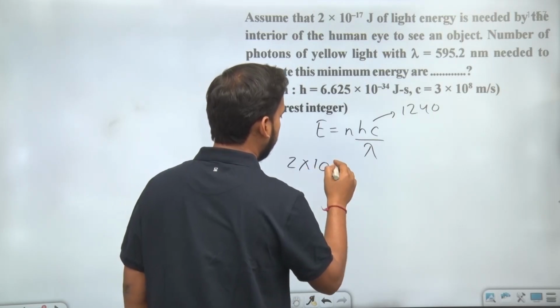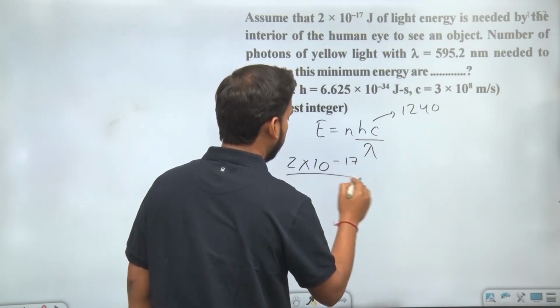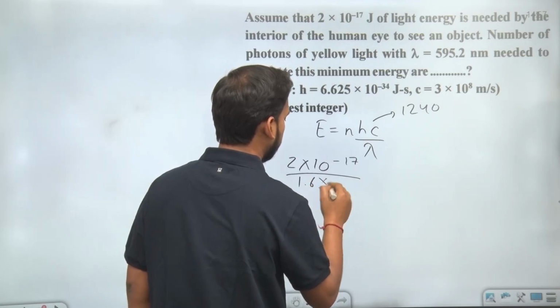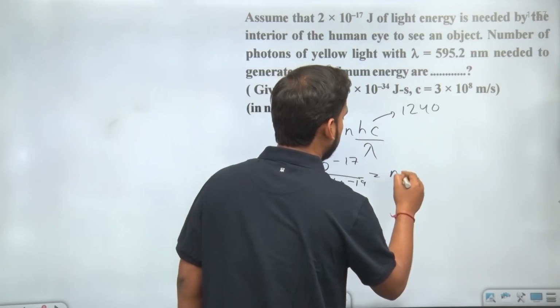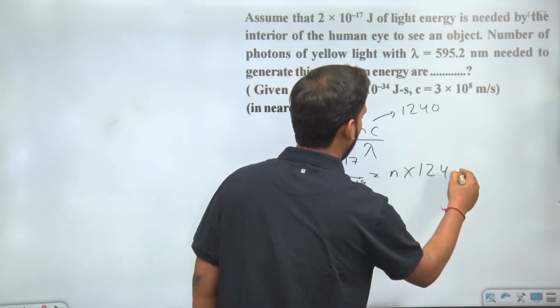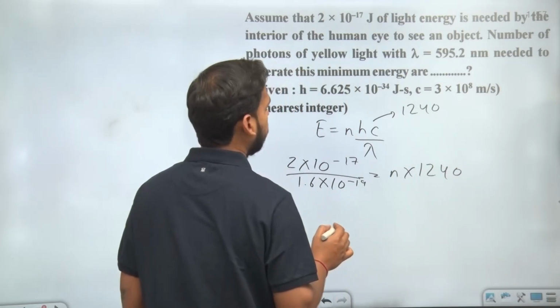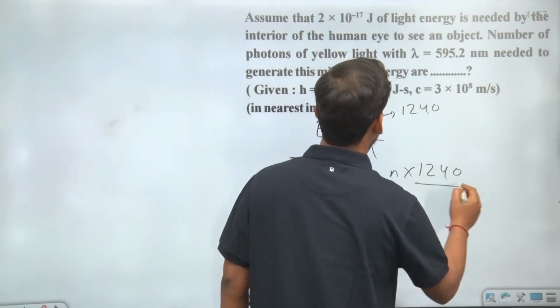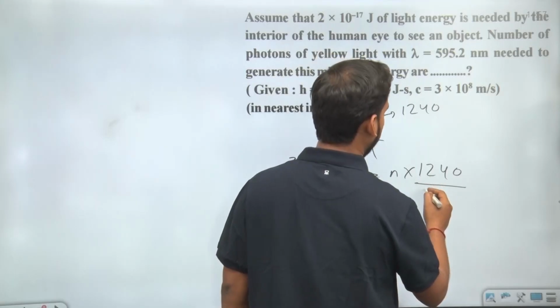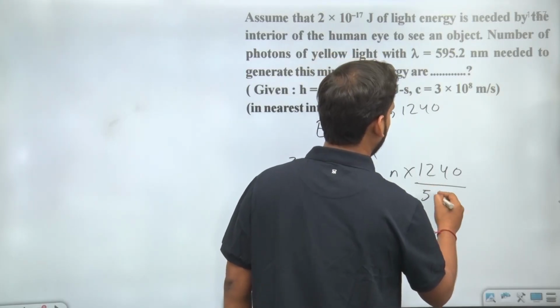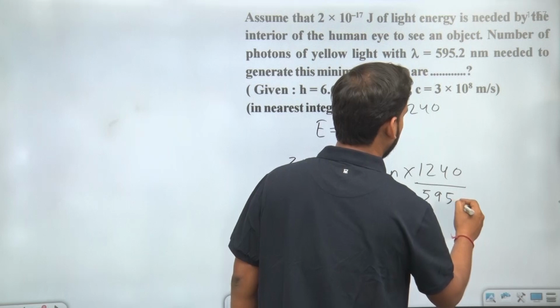So 2 into 10 to the power minus 17 divided by 1.6 into 10 to the power minus 19 is equal to n into 1240 divided by the wavelength, which is given as 595.2 nanometer.